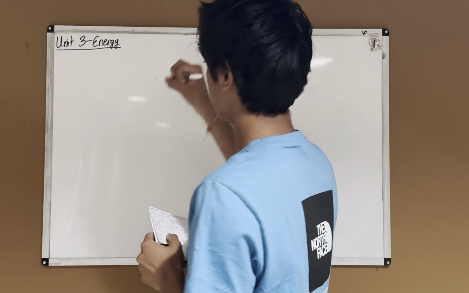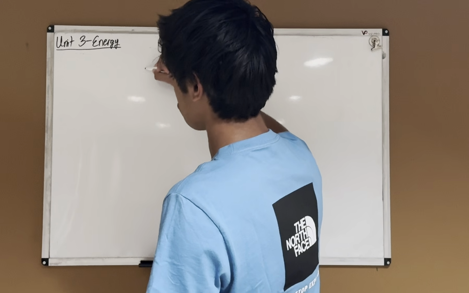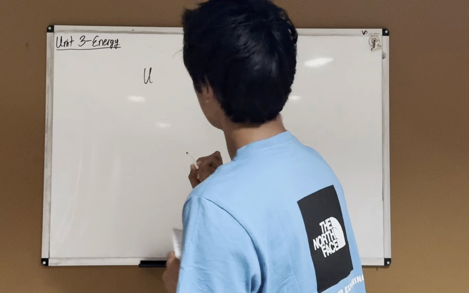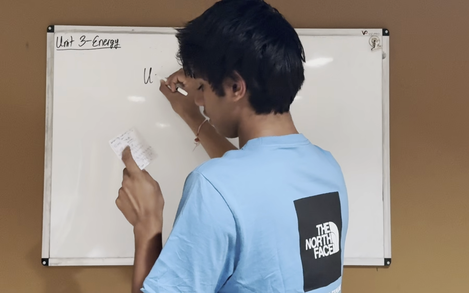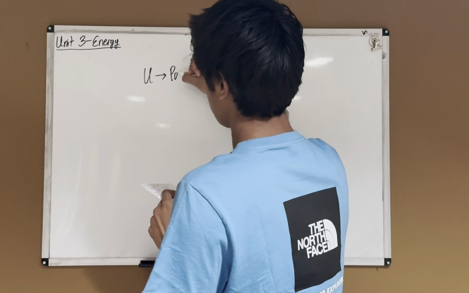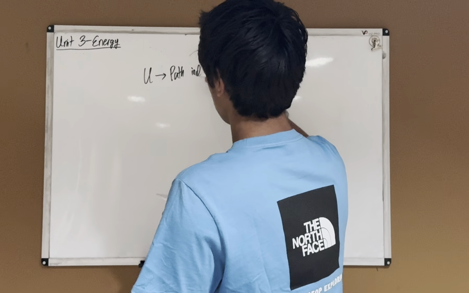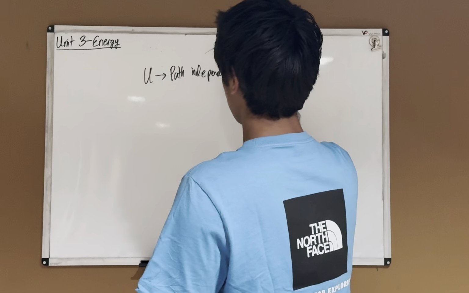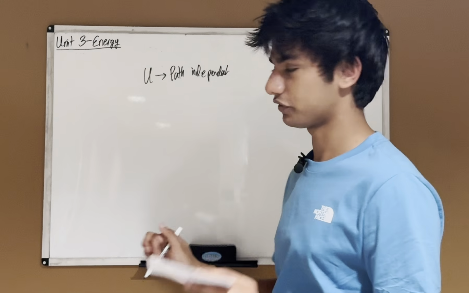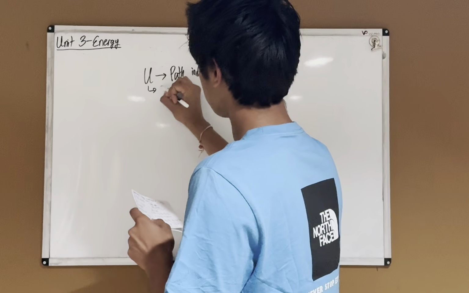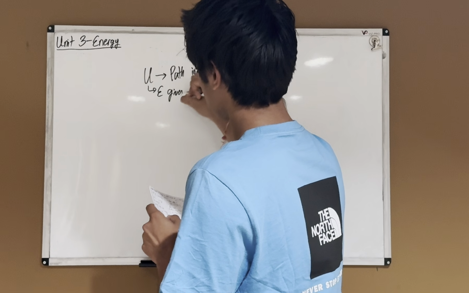Next, we also have different types of energy. We have potential energy, which is given the symbol U. Most potential energies are conservative, which means they're path independent. Potential energy is the energy given by an object's position.